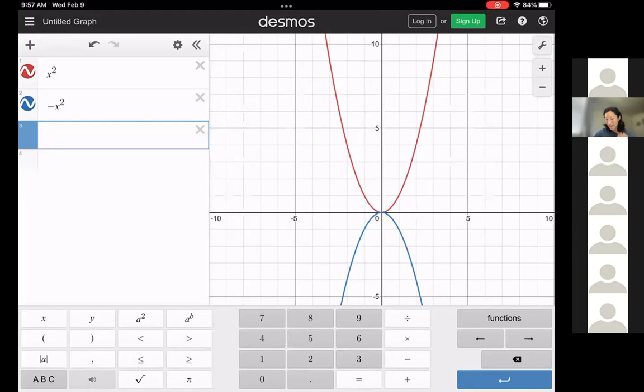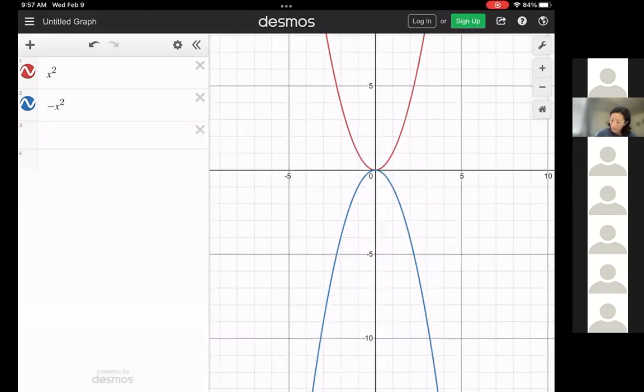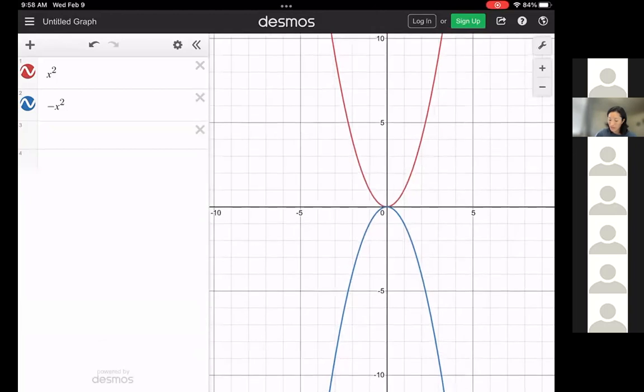Okay. For this next part, I wanted us to take a look at these graphs. So far I have two graphs right here. In fact, I have the x squared and the negative x squared. I hope you can see the negative x squared is in the blue and the x squared is in the red. Now, I'm going to put in a third function, and I'm going to have this third function go in between the red one and the blue one.